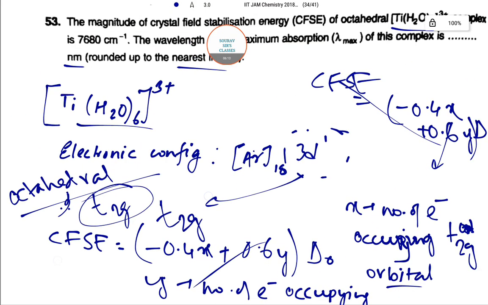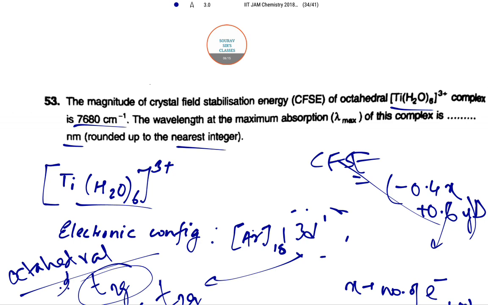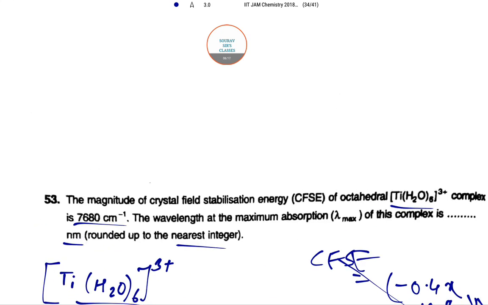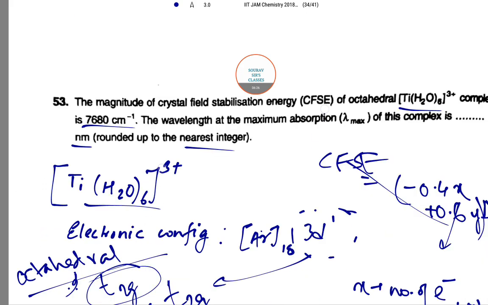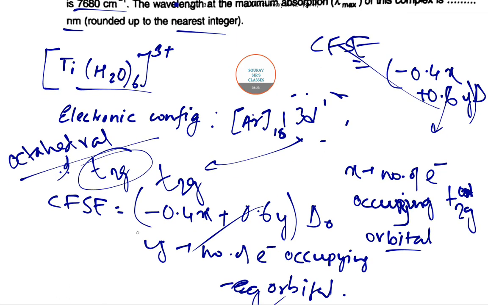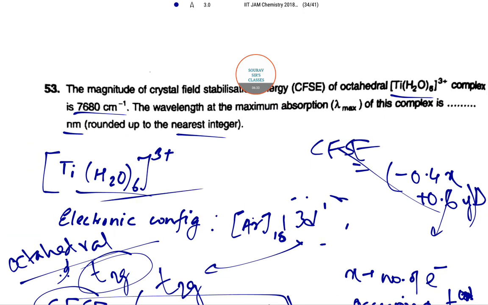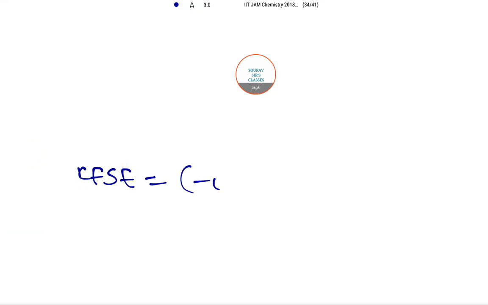So we have been given that the CFSE is 7680 centimeter inverse. So from this formula, CFSE is equal to negative of 0.4, and x is only 1, whereas the value of y is 0, so this is basically the whole expression.